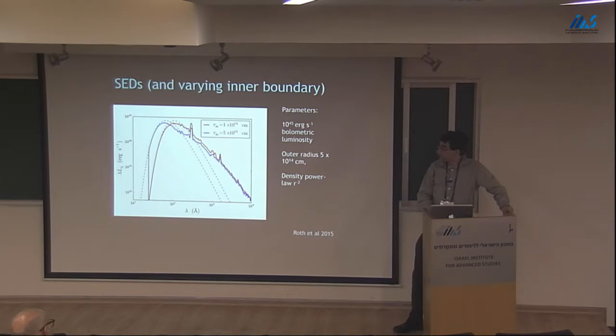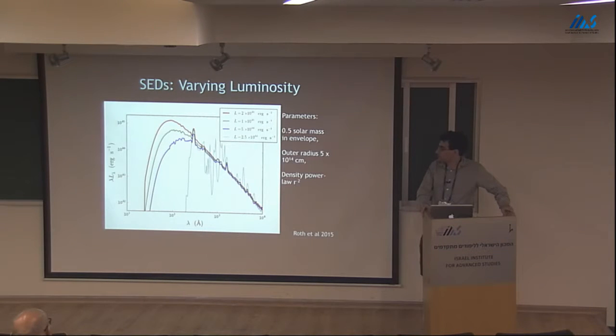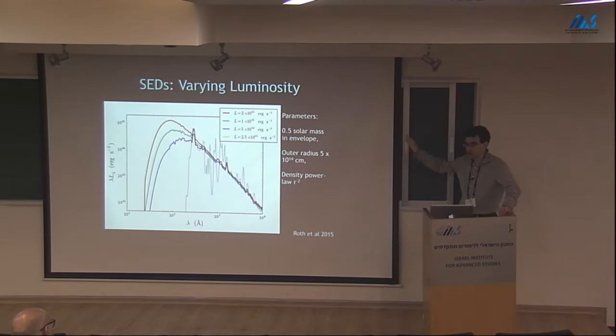Now, this doesn't always need to happen. We've experimented with dropping the luminosity, and here I should mention that this is dropping the luminosity, keeping everything else fixed. So this is not necessarily meant to show you a time series for a given event. This is just trying to build intuition for what happens when you change just the luminosity.